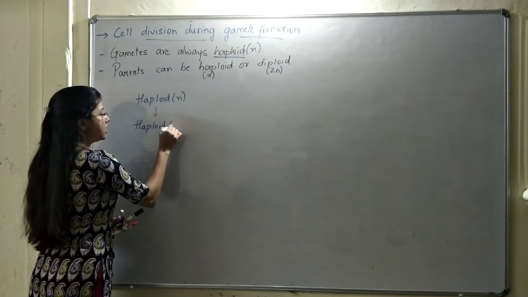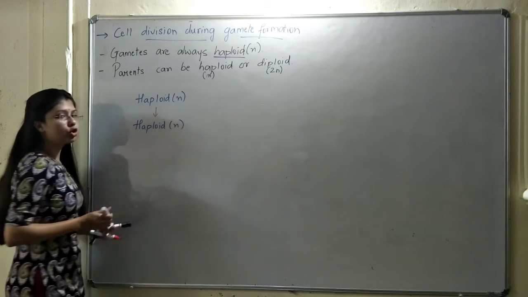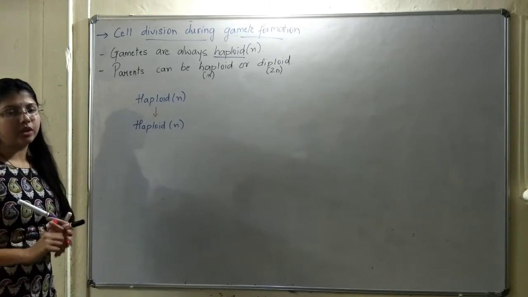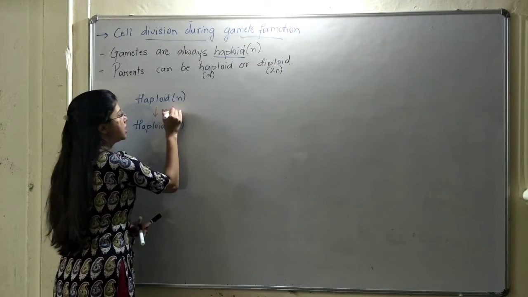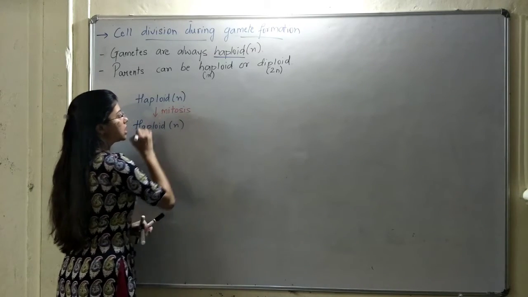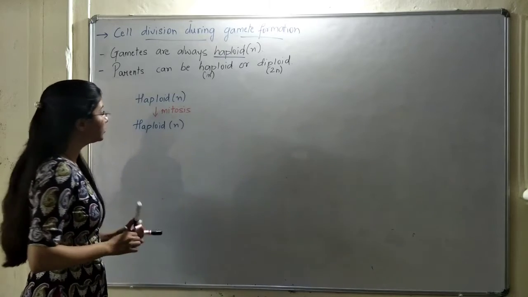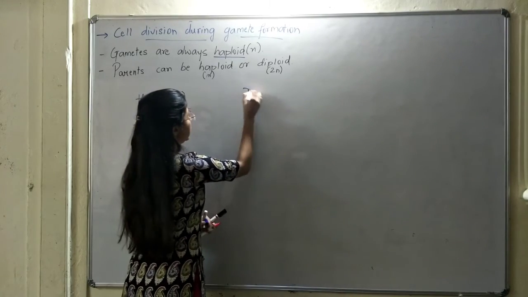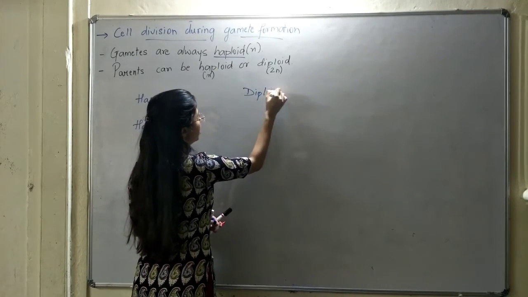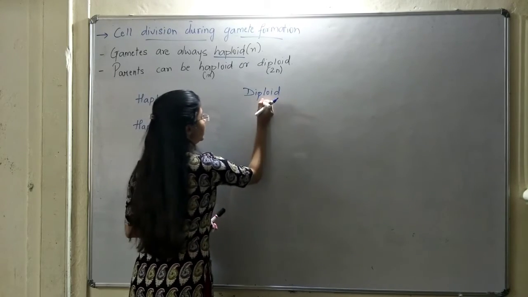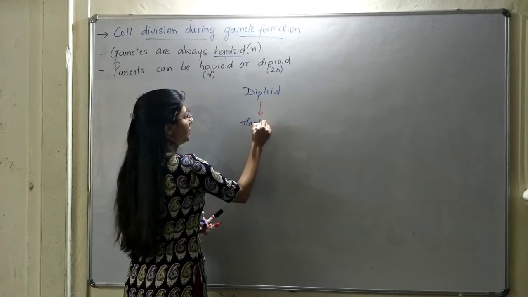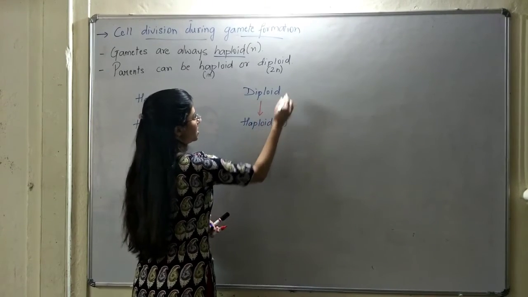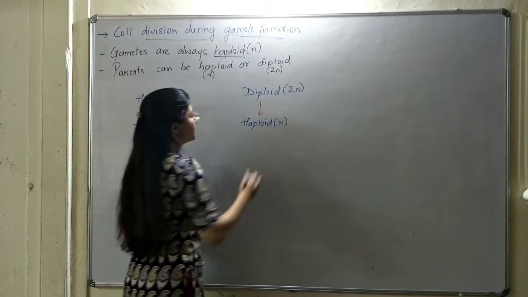So, when the number of chromosomes is to be maintained the same in the parent cell and the offspring, the type of cell division that takes place is mitosis. And in case the parent body is diploid, then of course here also the gametes will always be haploid, right?